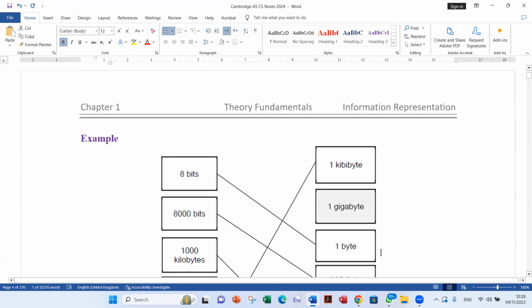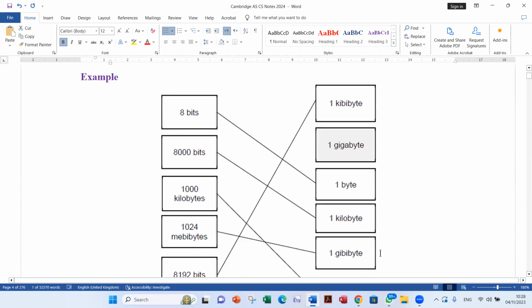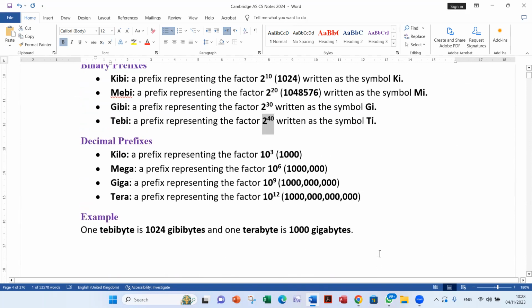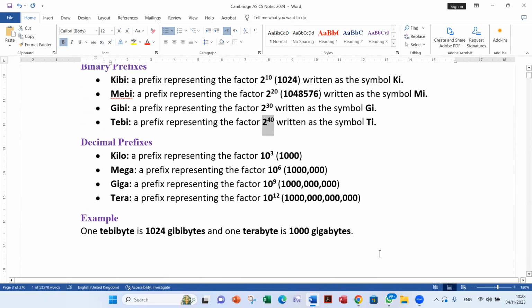My notes is so full of examples. I have the hobby of copying past paper questions into my notes because I would like to train you as much as possible on exam questions. Okay, so once there was an example in the past paper, and also I like very recent questions.